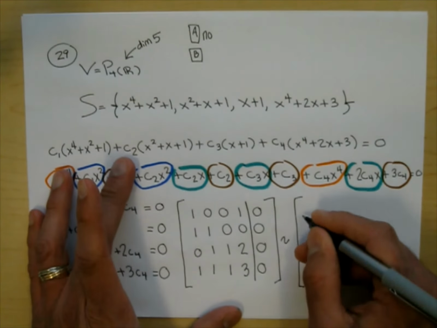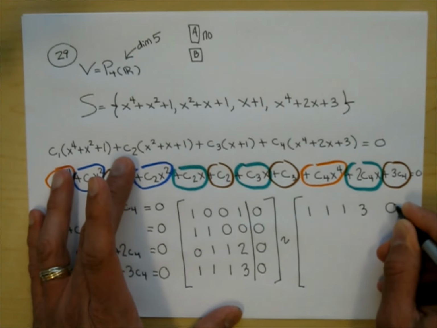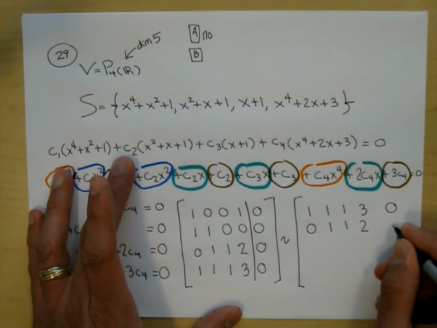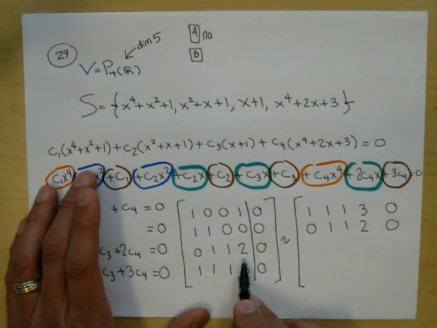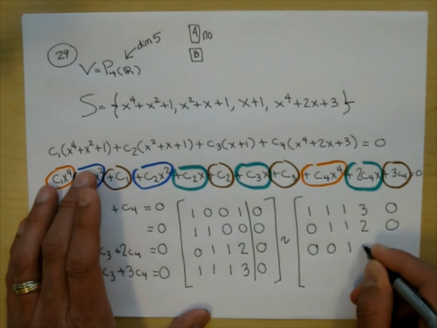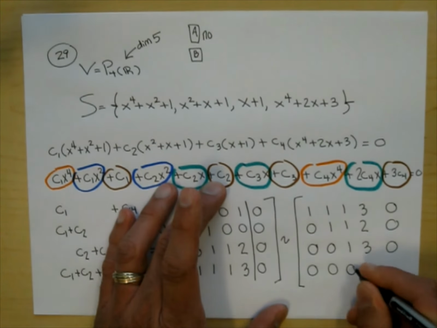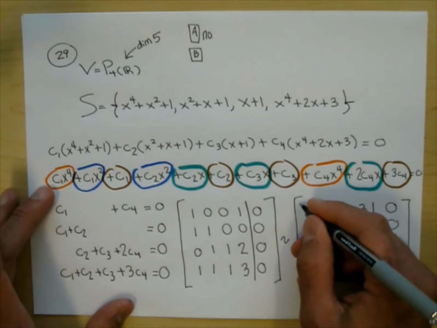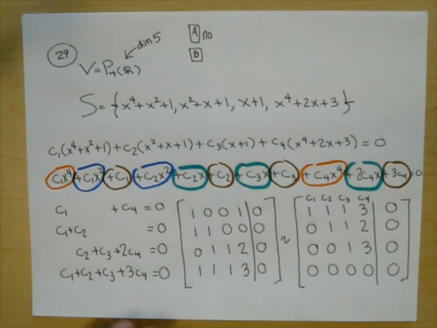When I finished, I ended up getting 1, 1, 1, 3, 0. And then the next row was 0, 1, 1, 2, 0. So that looks like I wrote row 4, and then row 3. And then what I ended up getting was 0, 0, 1, 3, 0. And the last one was a whole row of zeros. Here's the equal sign. My variables are C1, C2, C3, C4.